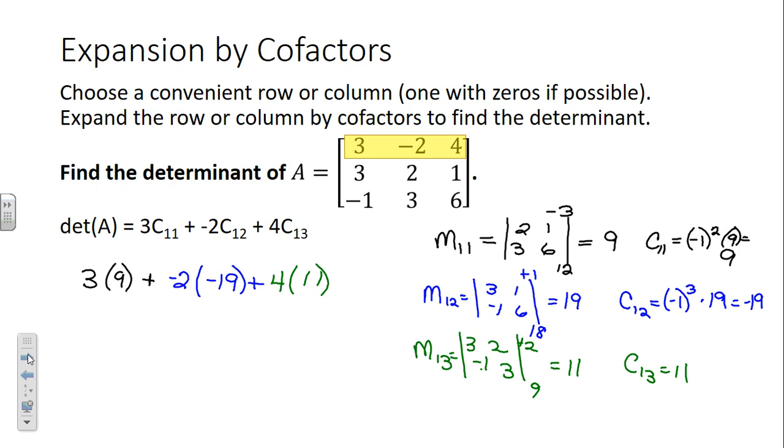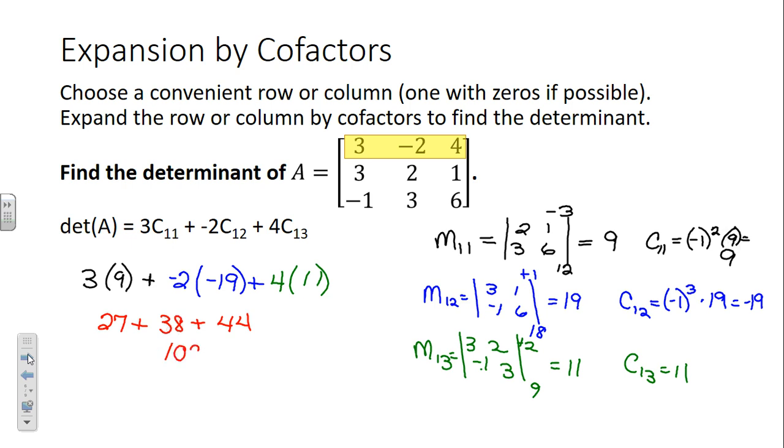All right, so we take the element times its cofactor, and we're going to get 27 plus 38, right? Plus 44. 27 plus 38 plus 44 is 109.